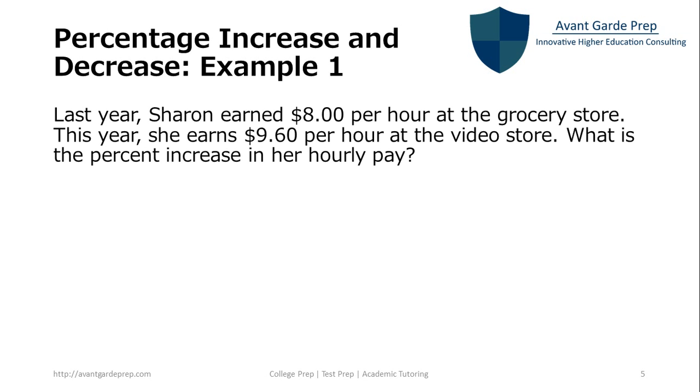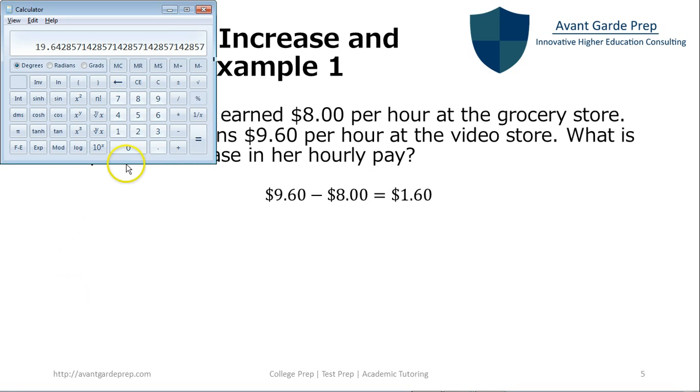To do this, we simply subtract the initial year from the second year. So $9.60 minus $8 equals $1.60. So by changing jobs, she earned $1.60 more per hour.